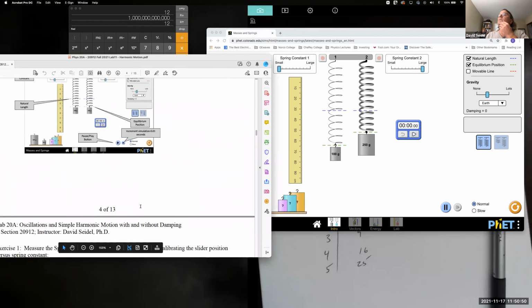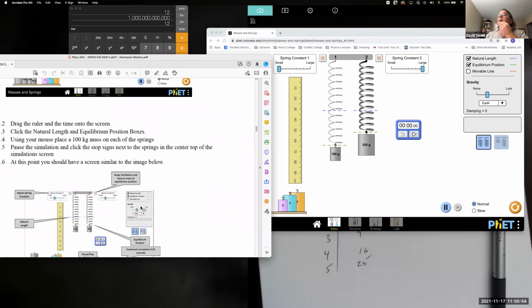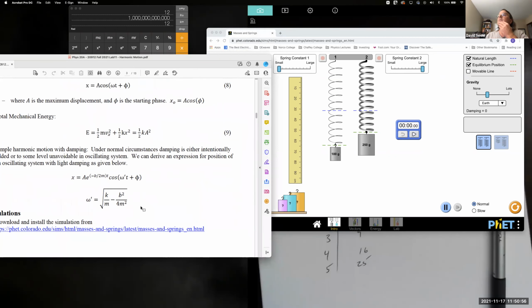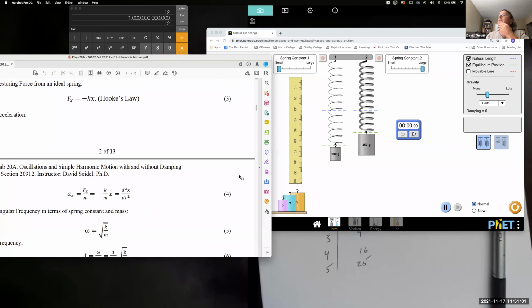So what's my equation 3 above? Equation 3 is F equals minus kx. Hooke's law. What's the force in this case? All of you better be able to give me the right answer on this. The 250 grams?